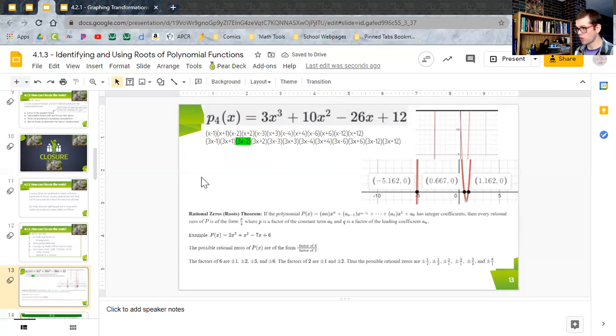So then what we can do is polynomial division and see what's left, because once I get a quadratic, then I can do some more stuff with it.